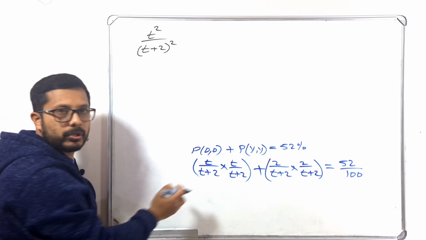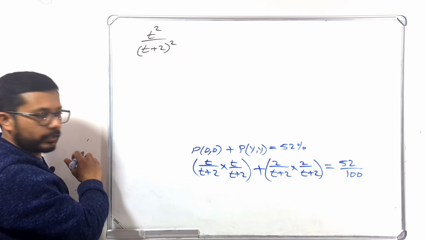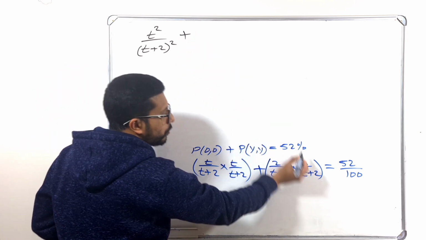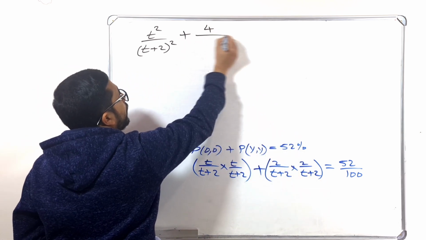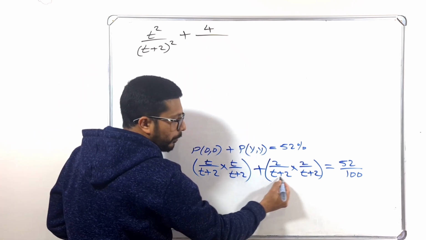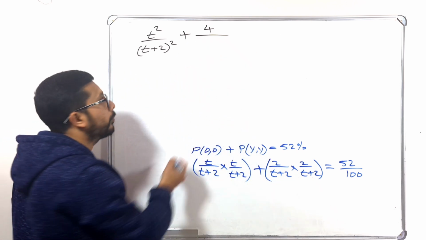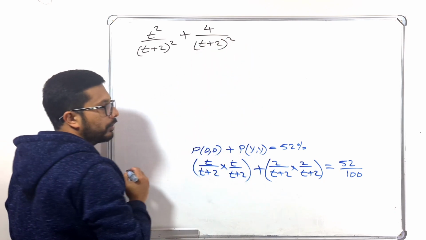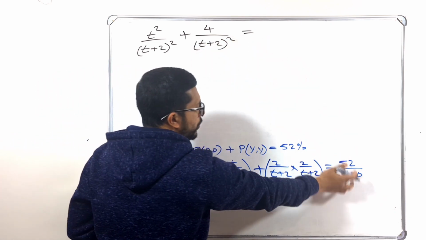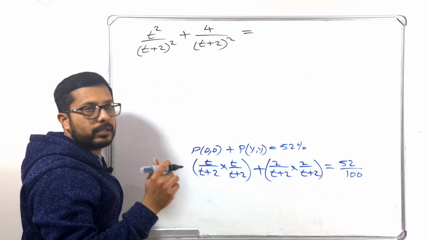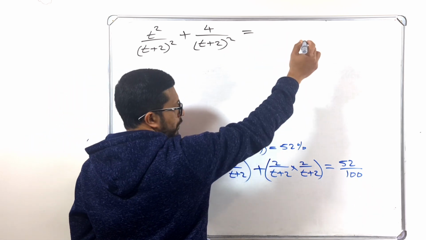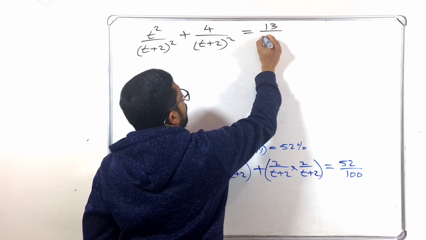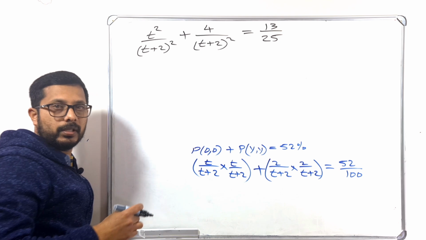Plus 2 times 2, that is 4, divided by, here also t plus 2 times t plus 2, which is t plus 2 the whole square. That is equal to 52 by 100. You can check in your calculator. Simplified form is 26 over 50, 13 over 25. You have to check in your calculator whether it is correct or wrong.